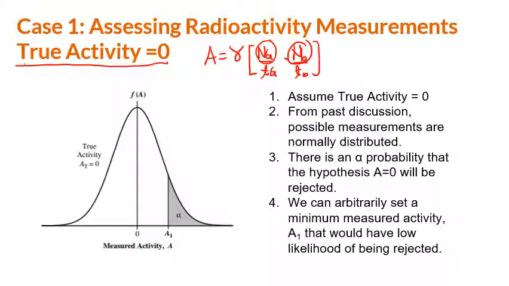So meron kang additive error associated with the variance of your gross count and your background count. So based on this, there's a likelihood that your machine or your instrument would give a measurement that ranges in this range, in this type of your distribution.